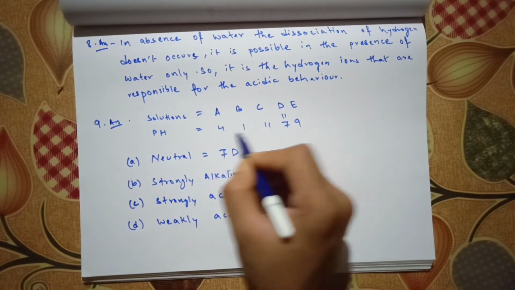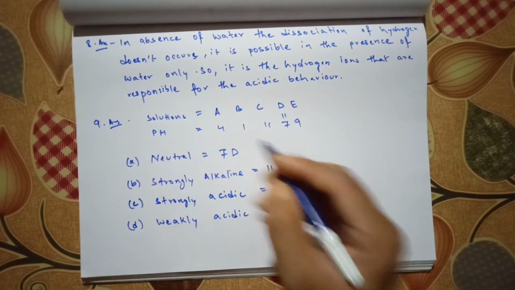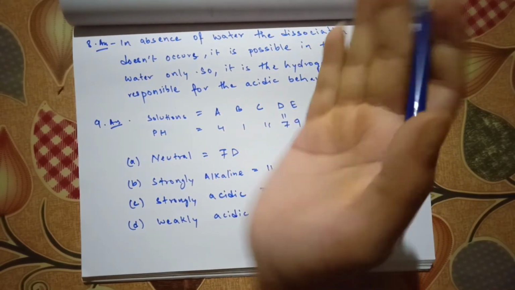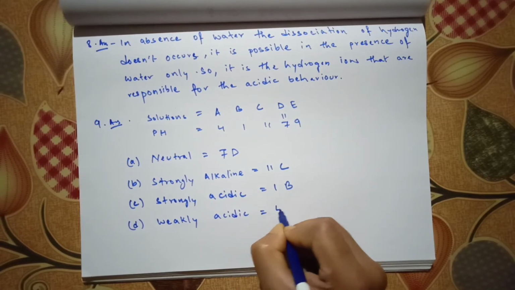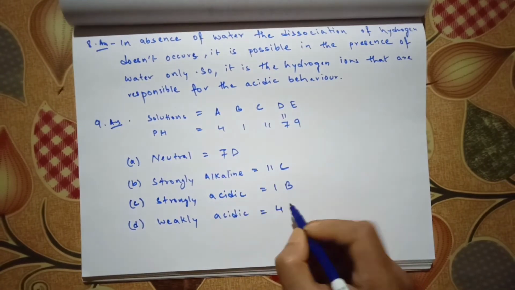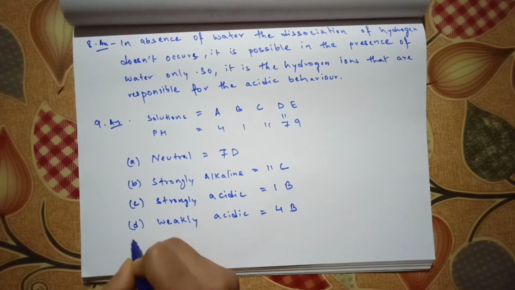So the number before 7 is 4, which is associated with A.